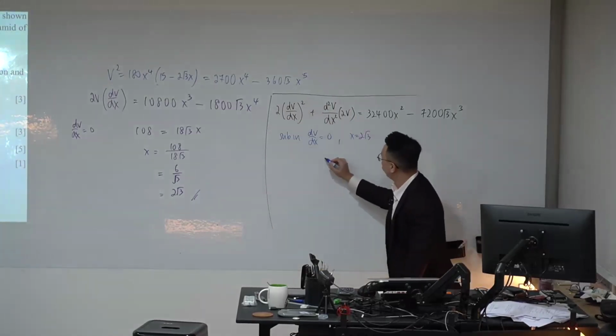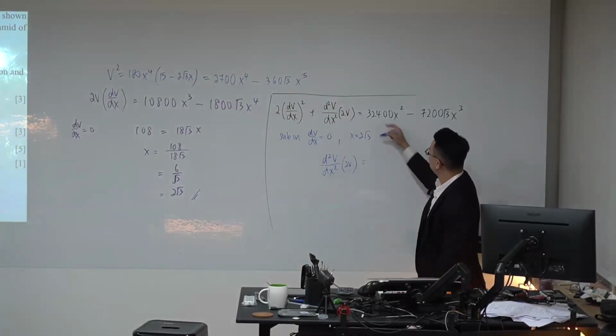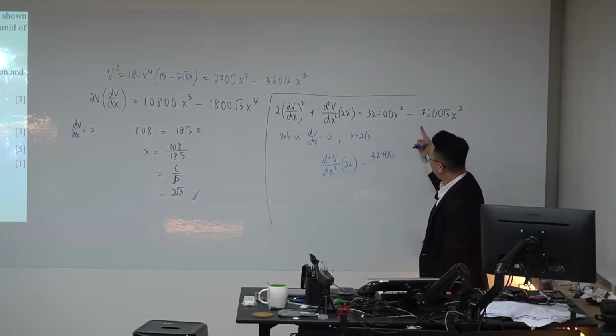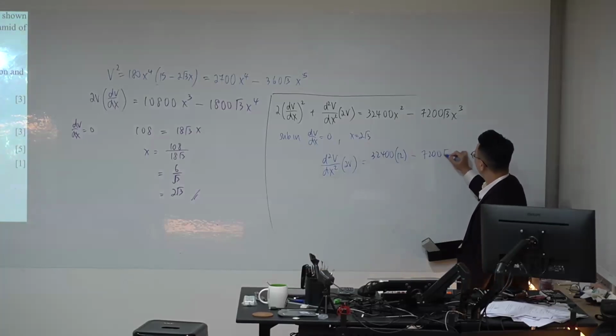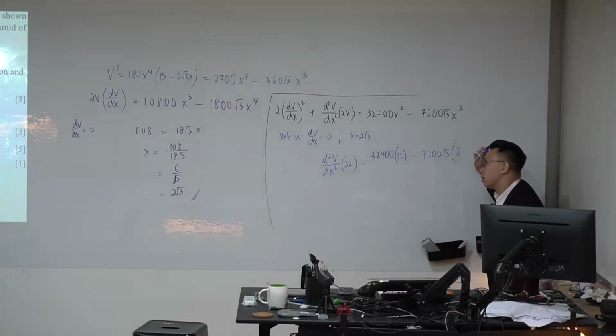So I have 2v d squared v over dx squared equals 32400 times 2 root 3 squared, which is 4 times 3, that is 12 here, minus 7200 root 3 times 2 root 3 cubed. So 2 root 3 cubed will be 8, then root 3, right?